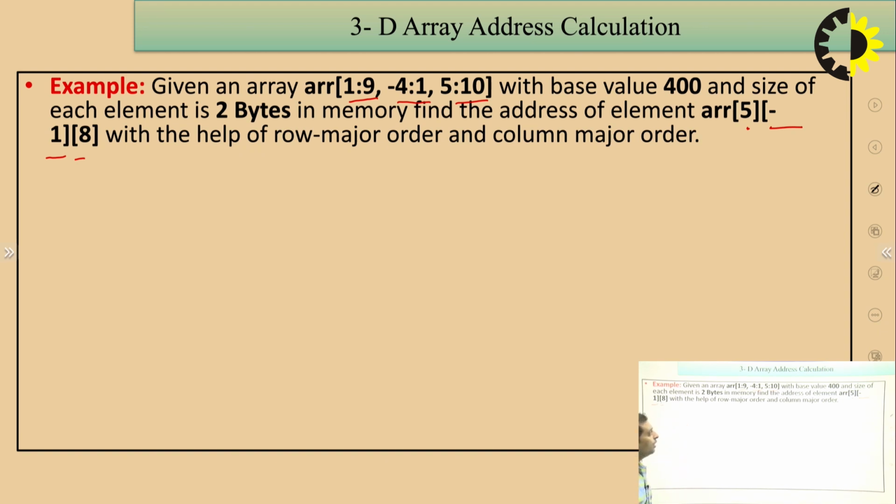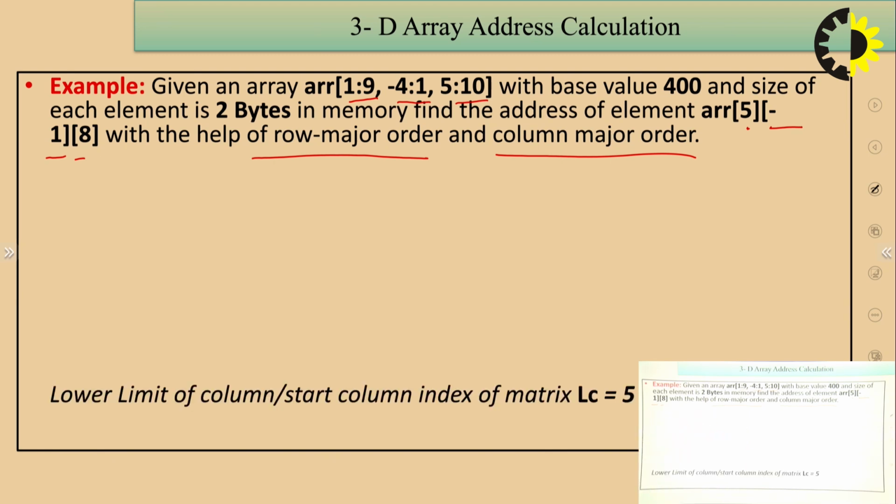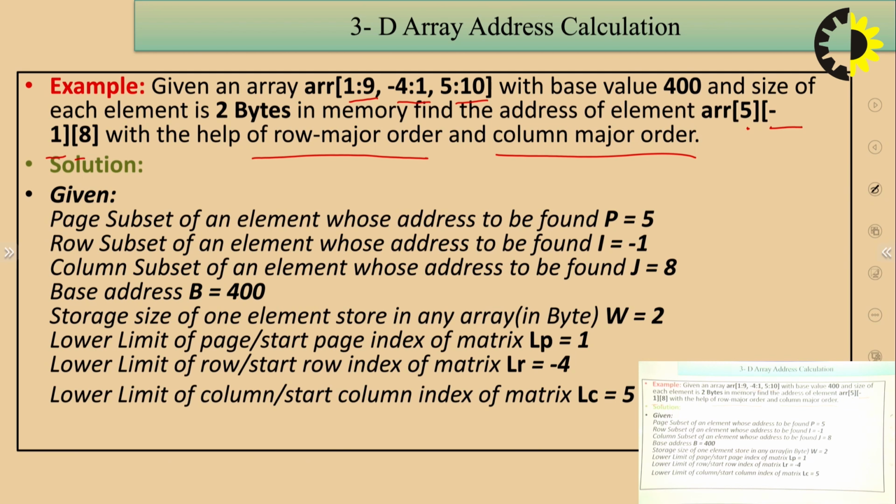Now, with the help of which one? With the help of row measure and column measure both. So, first we will see row measure. Now, see here: the page subscript of the element whose address is to be found is 5, the row subscript is -1, and the column is 8.